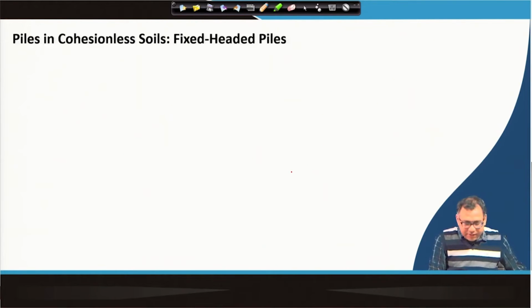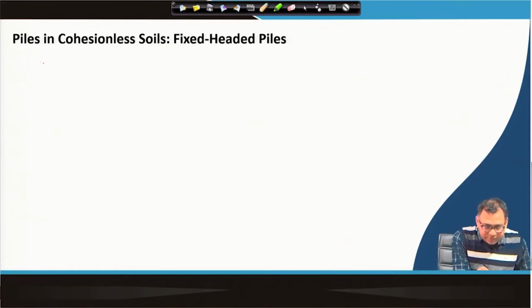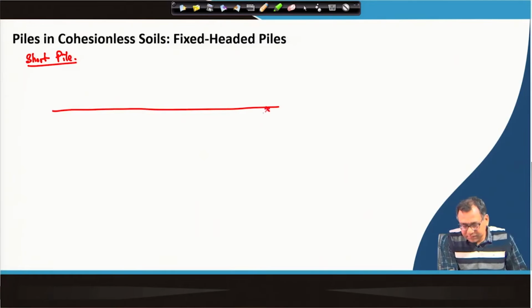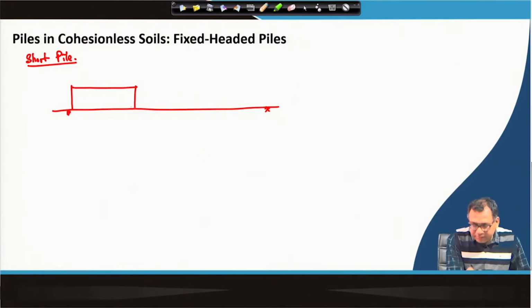So, this is the free headed pile. Now, I will go to the fixed headed pile and pile in cohesionless soil. So, for the fixed headed pile, first I will go for the short pile, then I will go for the intermediate pile, and then I will go for the long pile. So, again this is the ground surface, and this is the fixity of the pile or the pile cap, and this is a short pile.